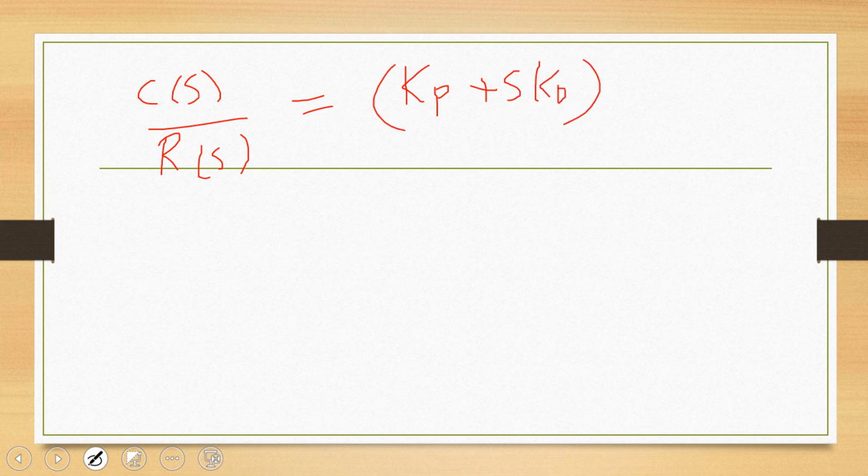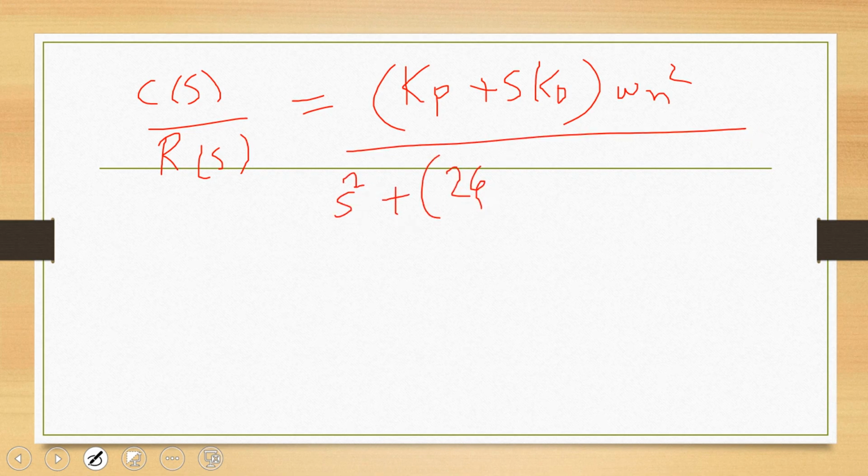C of S by R of S. On simplifying we get Kp plus S into Kd into omega n square divided by S square plus 2 zeta omega n plus Kd into omega n square into S plus omega n square Kp. This is what we get.